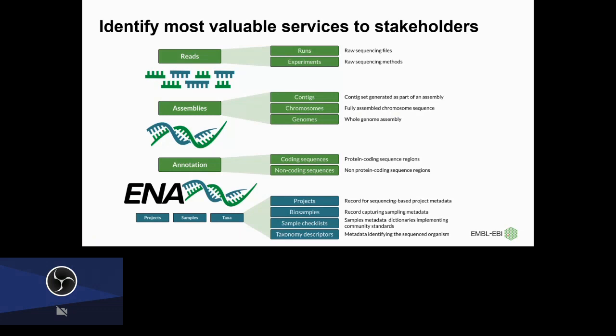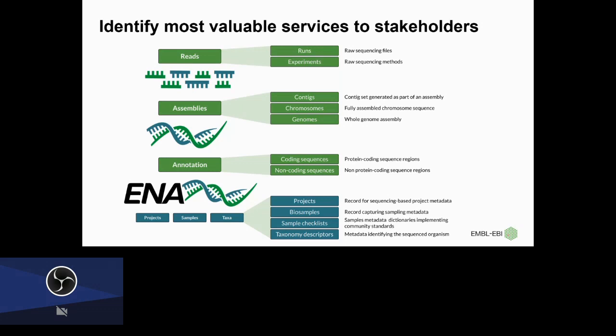Here is a little more elaboration of the three major categories of data in ENA or INSDC databases. In reads, you can have runs, which are the raw sequences, as well as experiments to describe the raw sequence methods. For assemblies, you put the sequence and reads together into contigs, chromosomes, as well as genomes.